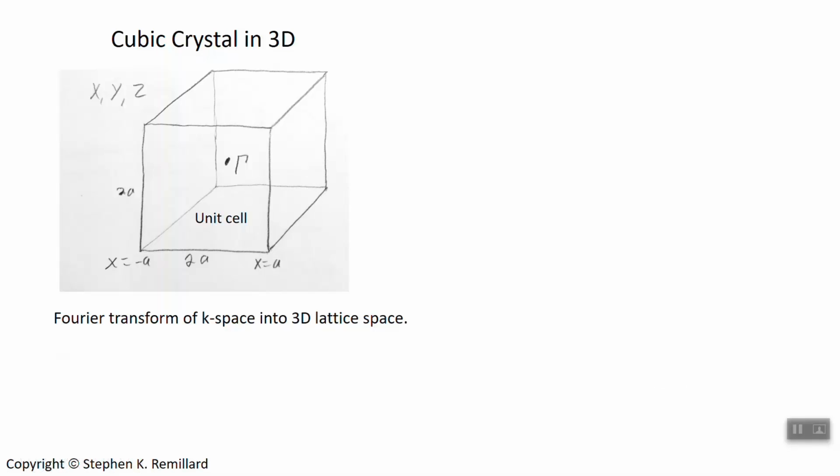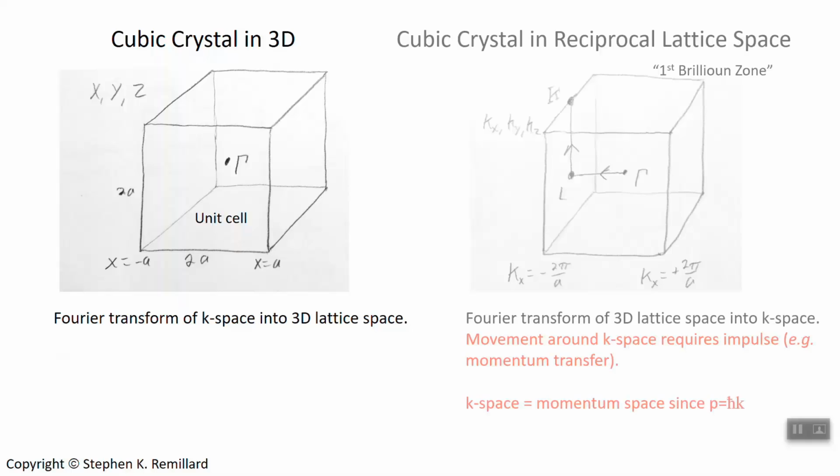A cube in configuration space, that means XYZ space, is the Fourier transform of a structure in K space. And so we should really look in K space, where K is the Fourier transform conjugate of x, y, and z: K sub x, K sub y, and K sub z.